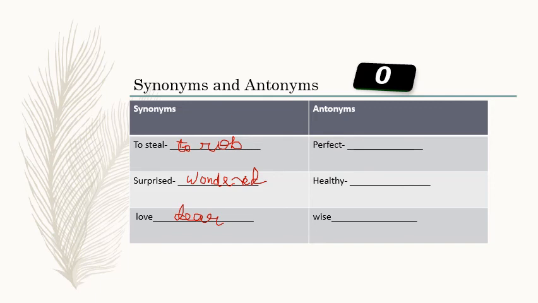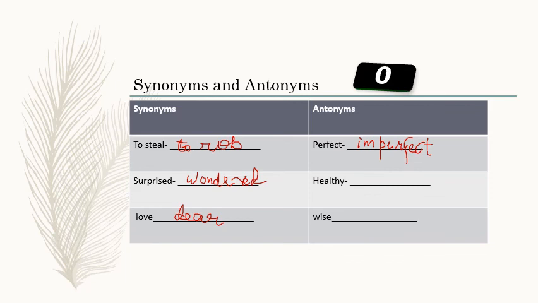Now let's see antonyms. The antonym for the word perfect is imperfect. I-M-P-E-R-F-E-C-T. Now number 2 we have healthy. I hope you have remembered.